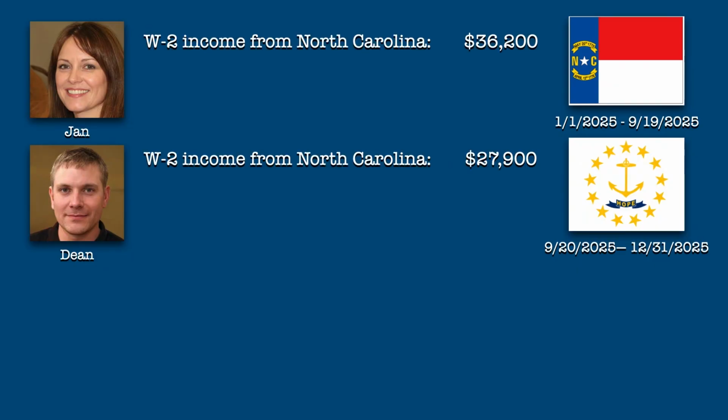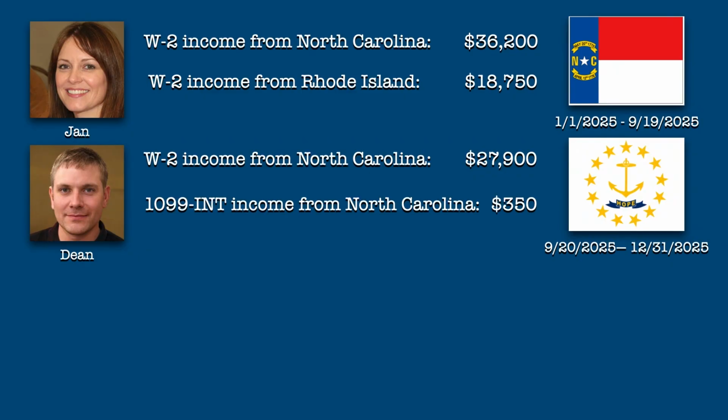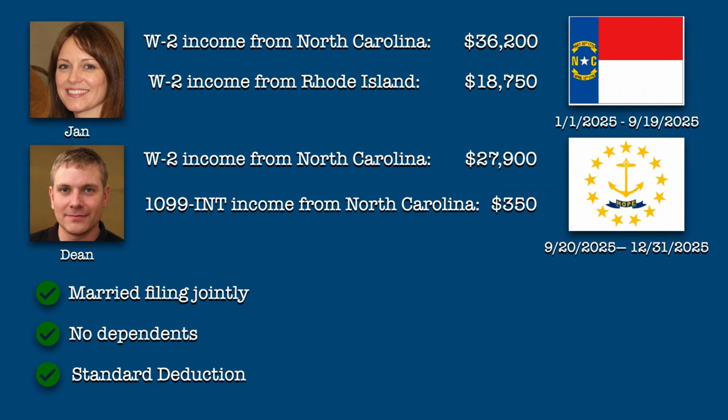Both Jan and Dean had W-2 income in North Carolina, $36,200 and $27,900 respectively. Only Jan had W-2 income reported to Rhode Island of $18,750. They also received $350 in bank interest from their North Carolina bank. They will file jointly, have no dependents, and will take the standard deduction in both states.